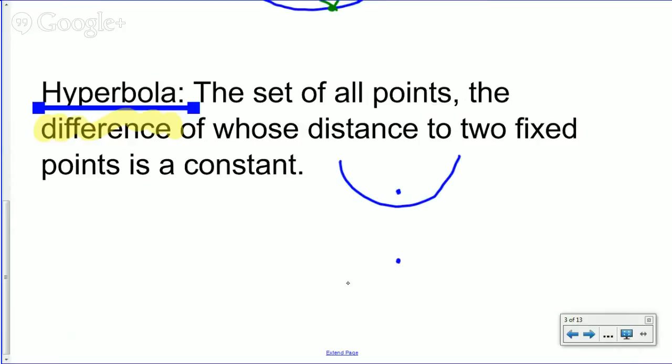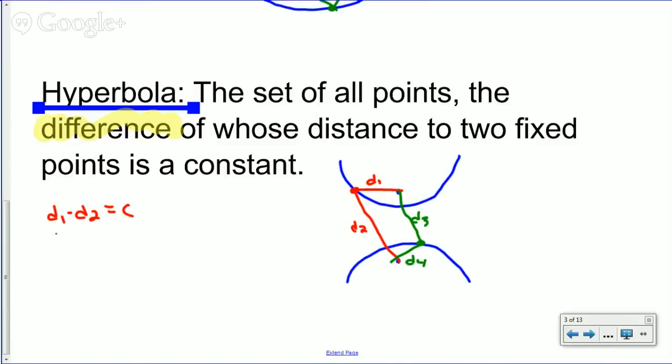There's that side, and then this one's just the same, but upside down, so that if I take this point on the hyperbola to there, and then to your other point, and subtract them, so I've got D1 minus D2, I get some constant, which will be the same as if I go to this point to both D3, D4.